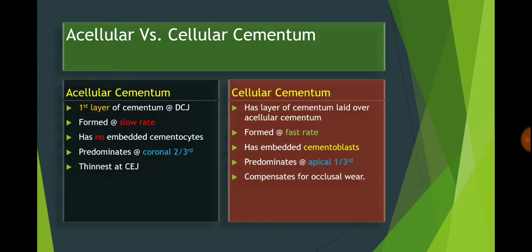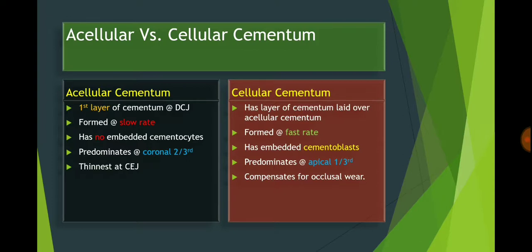It also has no embedded cementocytes, hence the name acellular. It predominates at the coronal 2/3, so where you find most of the acellular cementum is at the coronal 2/3 of the root. It is thinnest at the CEJ.